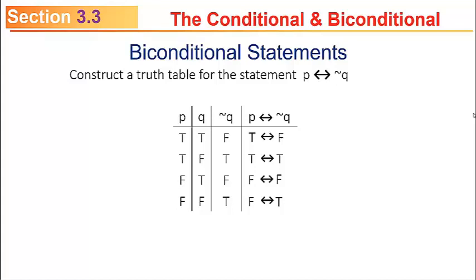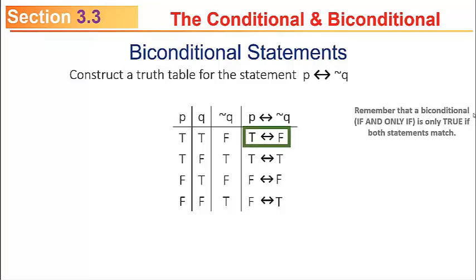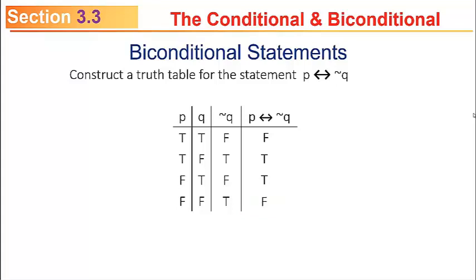And then I've got to remember that the memory aid for biconditional is it's only true if they match. So you're going down and scanning and looking for matches. True if and only if false is not a match, so that's false. True if and only if true is a match, so it's true. False if and only if false is a match, so that's true. And false if and only if true is not a match, so that's false. And there's your truth table.